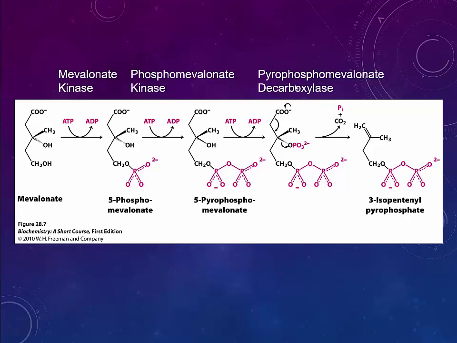So we get HMG-CoA reductase makes mevalonate, mevalonate kinase makes phosphomevalonate, phosphomevalonate kinase makes 5-pyrophosphomevalonate, pyrophosphomevalonate decarboxylase removes the carboxylate from mevalonate to give you isopentenyl pyrophosphate. That's our building block.